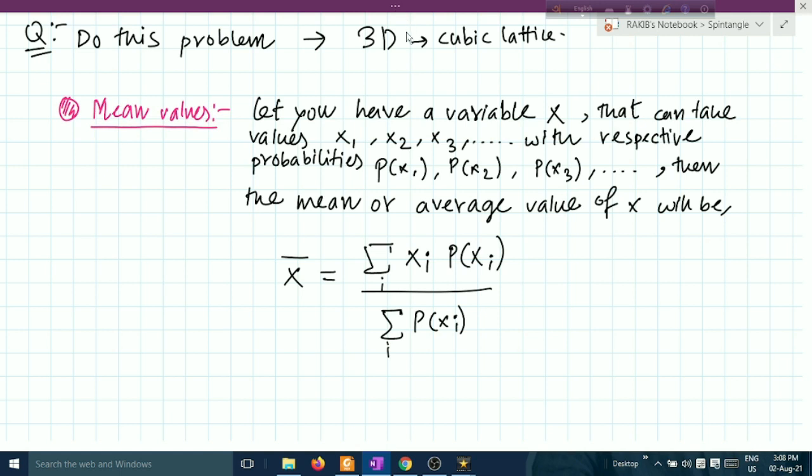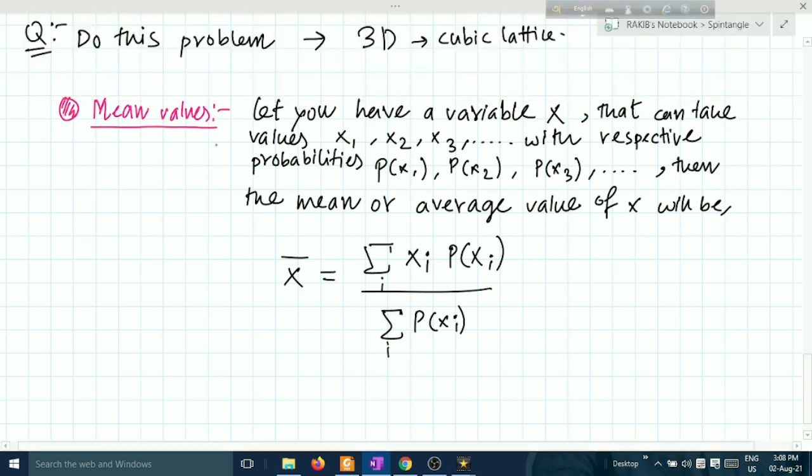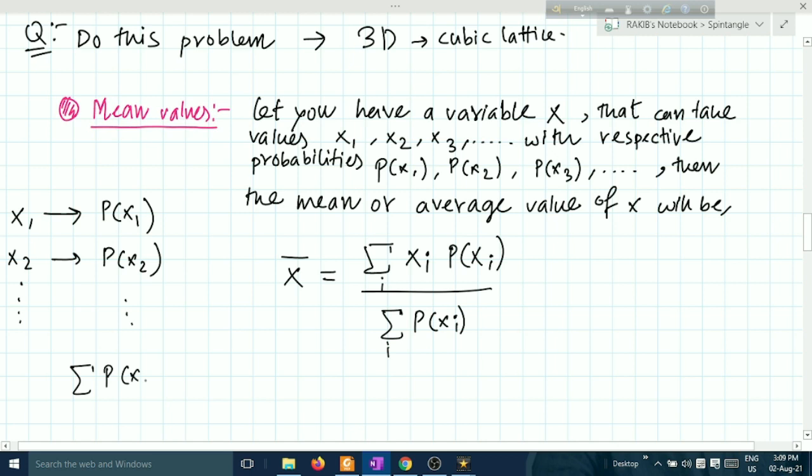You can see that x1 can have probability px1, x2 can have probability px2, and so on. So the total probability, the summation of pxi, will be px1 plus px2 and so on.